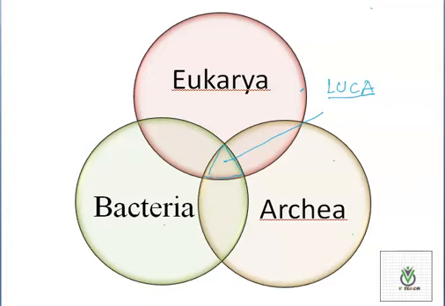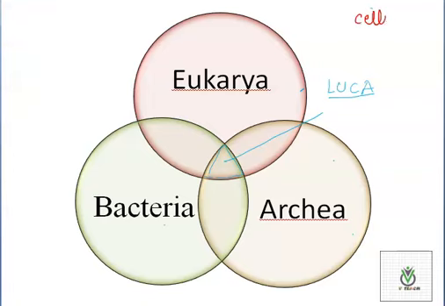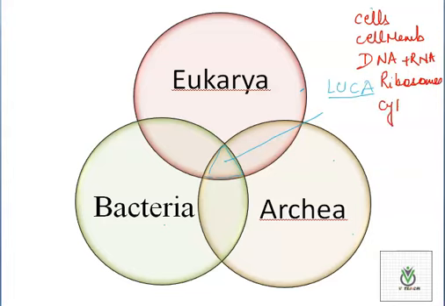For example, all these organisms are made up of cells. They have a cell membrane. They have DNA, RNA, ribosomes, cytoplasm.